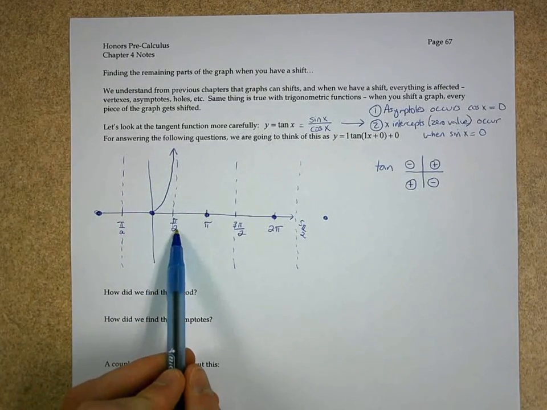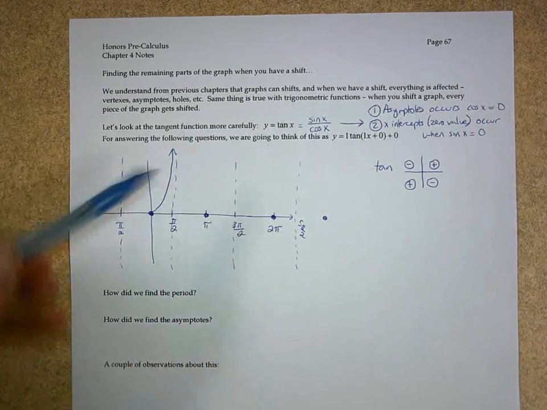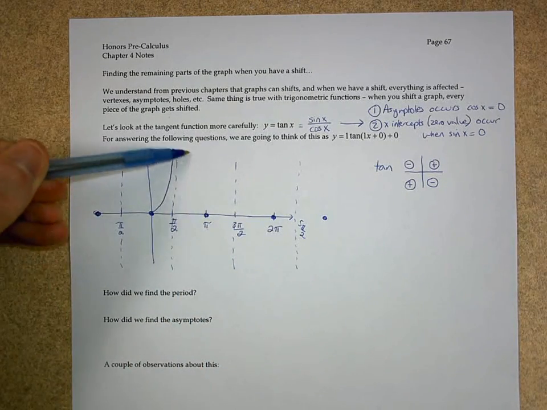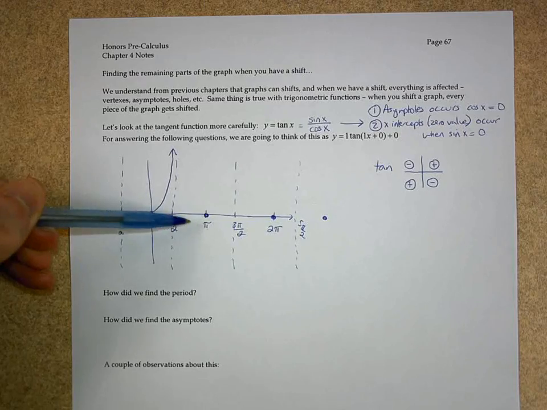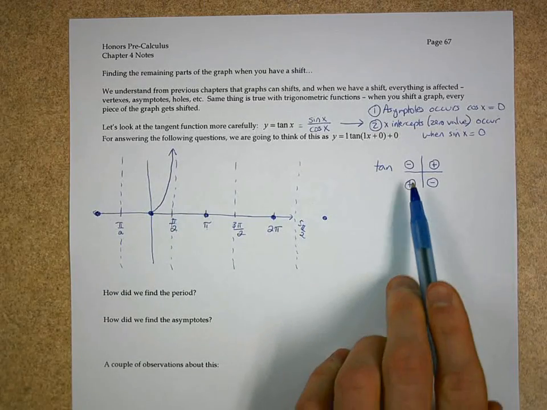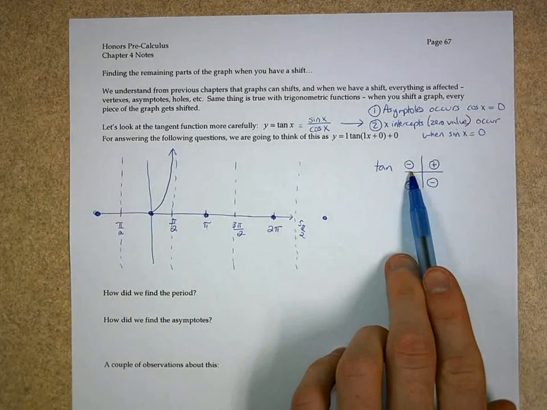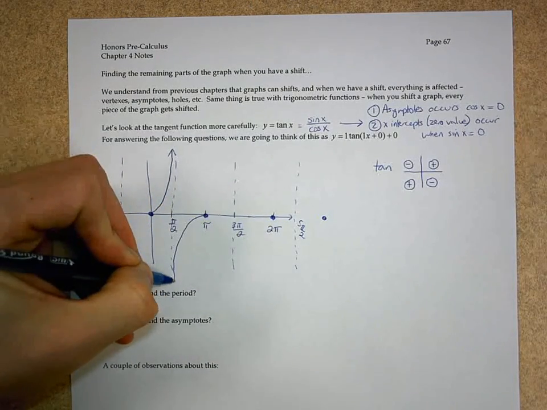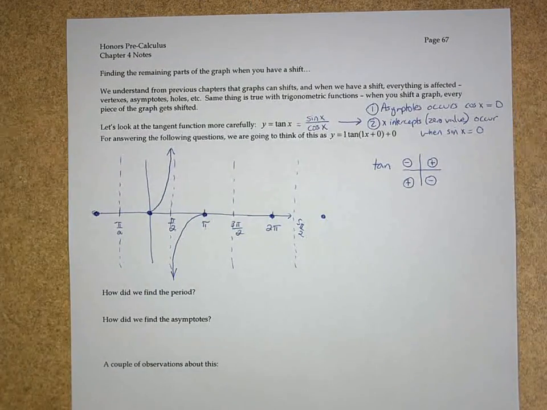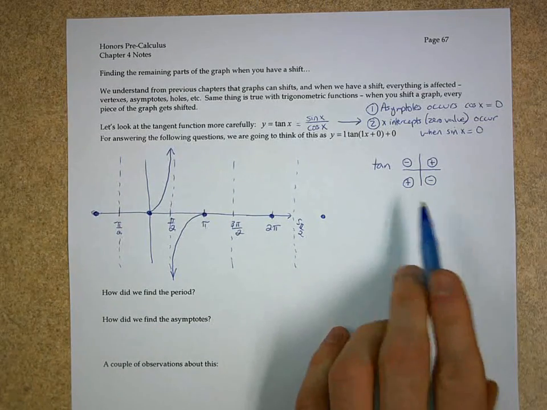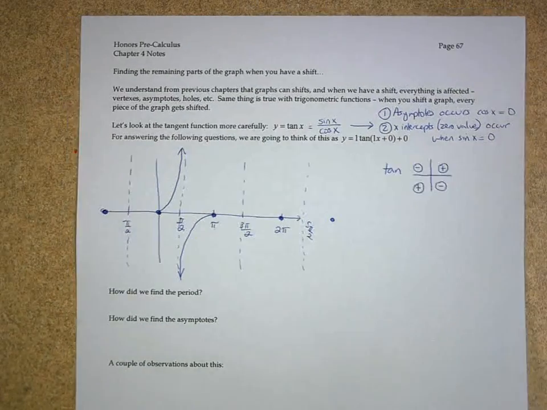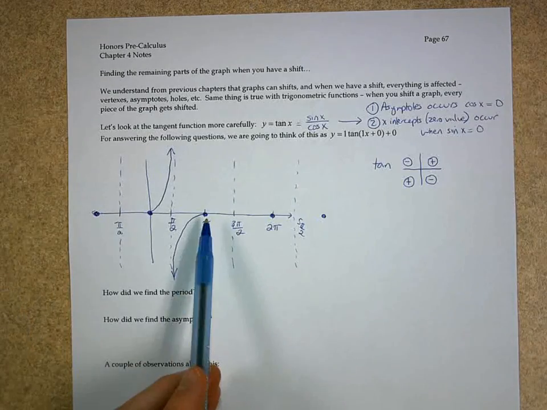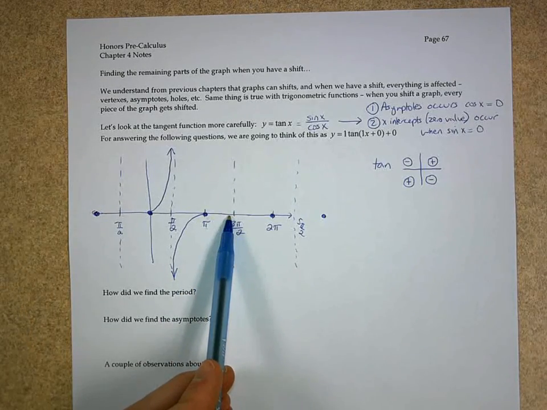The second piece here, this pi over 2 to pi, this area in here represents the second quadrant, anything between pi over 2 and pi. And we know tangent is negative in the second quadrant. So I'm going to come down along the asymptote like that. The third quadrant, tangent is positive. And the third quadrant is represented from pi to 3 pi over 2.